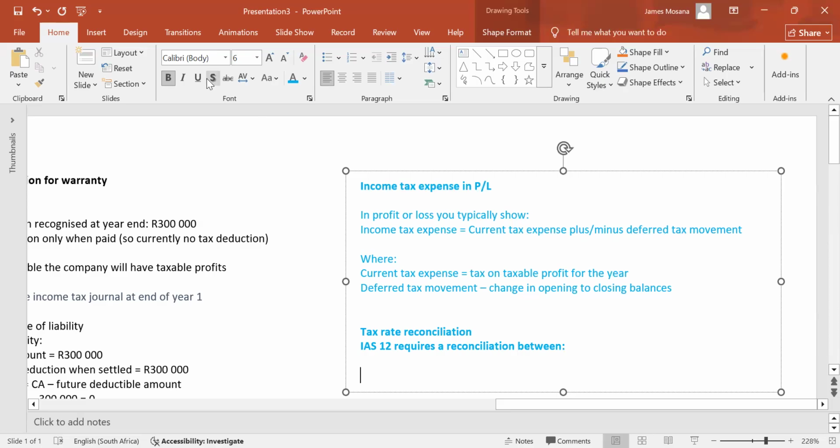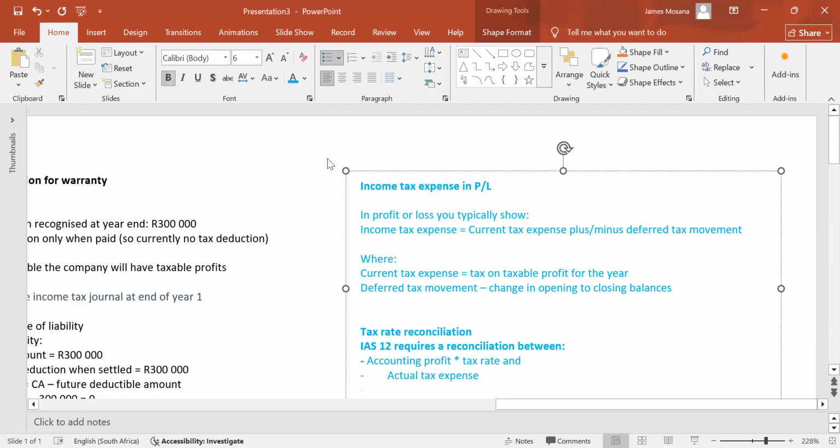It requires a reconciliation between the accounting profit multiplied by the tax rate and the actual tax expense.